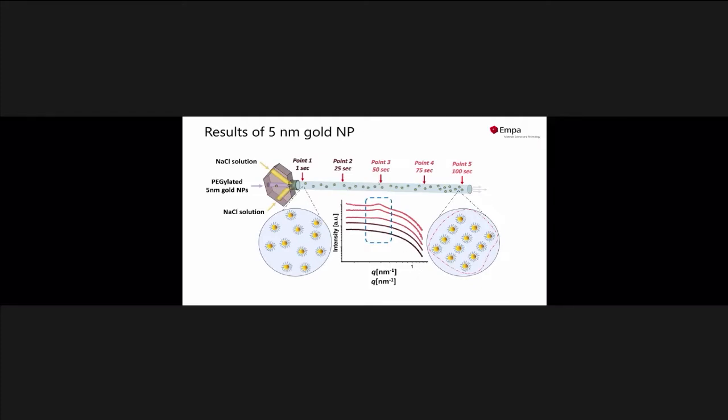Over time, and these are the time points here, this distance represents approximately 100 seconds, we see a shift in our curves, indicating that the particles start to self-organize. So this indicates that we are sensitive enough to see small changes over this time.